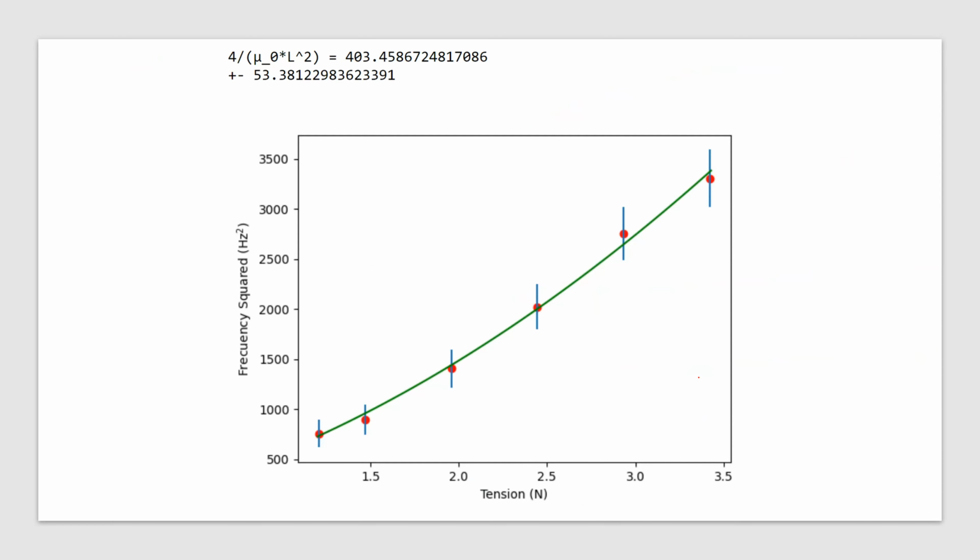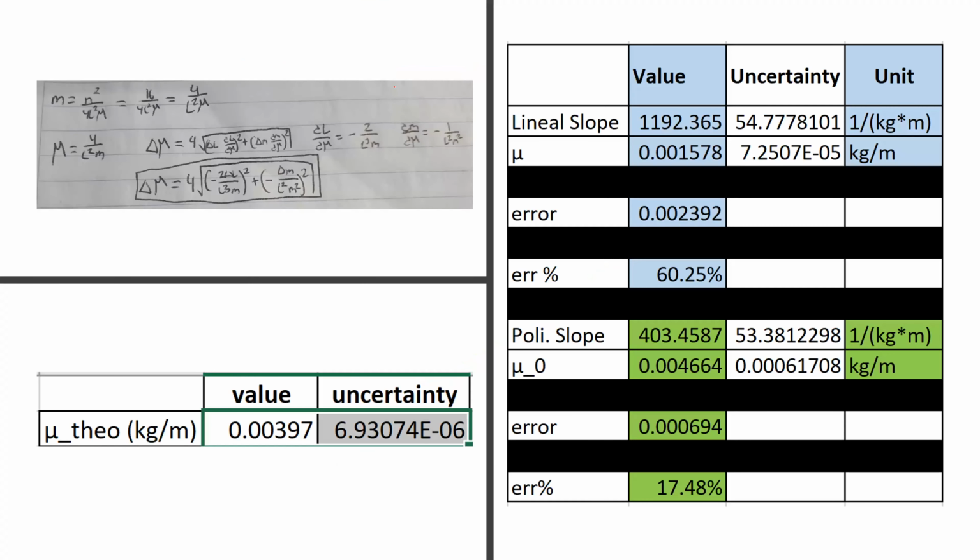So here's the graph. As you can see, the best fit line is a little bit curved because it's now a parabola. And we get a different number and a different uncertainty. As I said, they are calculated using the same values. So here is the same formula for the uncertainty right here. It's simply the same. Just replace the linear density with the ideal linear density, and the slope with the different slope we got.